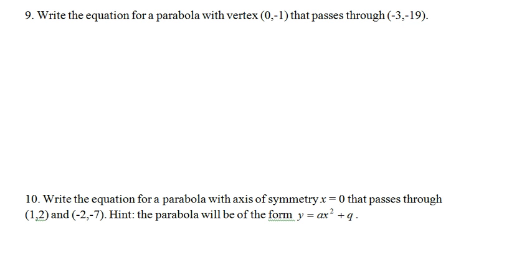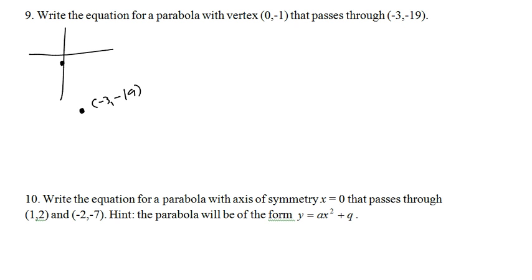Alright, question 9 wants the equation for a parabola with vertex (0, -1). So there's our vertex (0, -1), and it passes through (-3, -19), so it's going to be somewhere down here. Just roughly.